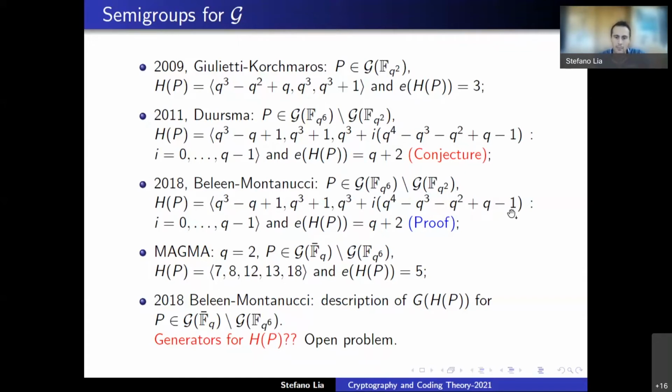And in this same paper, they also provided a description of the gap set for the Weierstrass semigroups at the remaining points. But here they didn't provide a set of generators, and they left that as an open problem. And here the main difficulty is from the fact that a minimal set of generators is no longer linear in the size of the field.